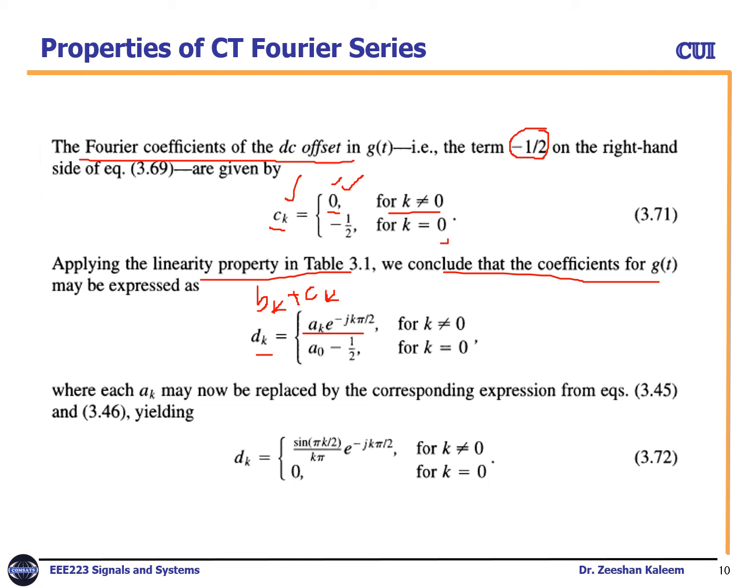For k equal to 0, the DC term is represented as a_0, so a_0 minus 1/2.